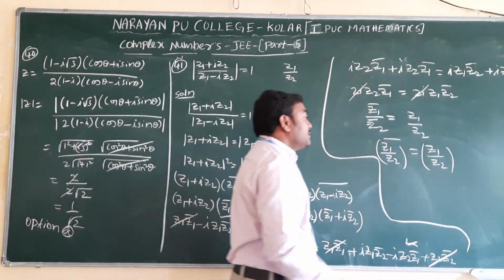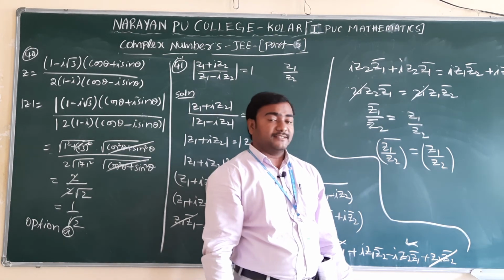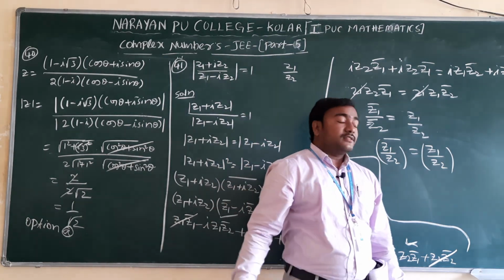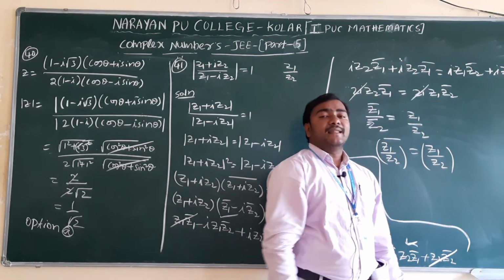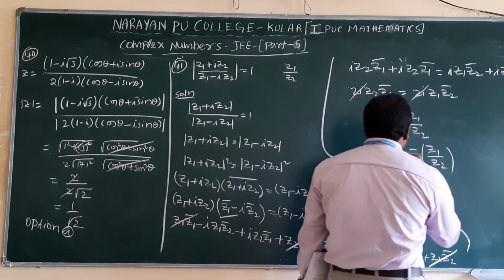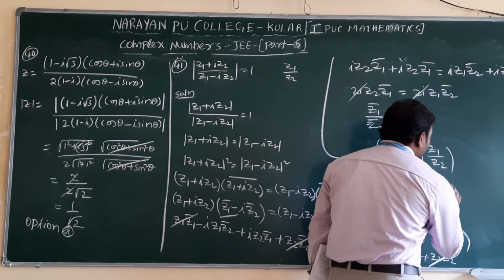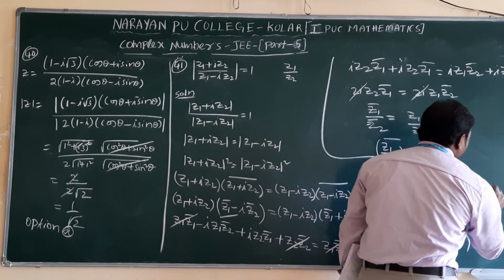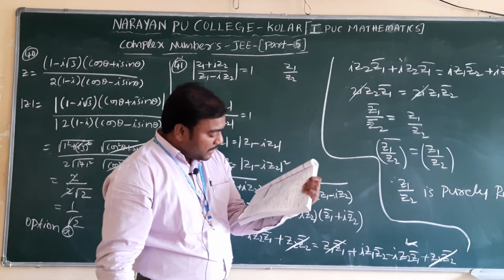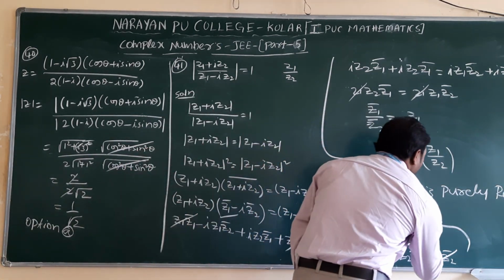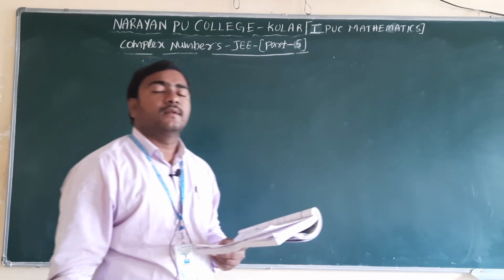If in case z is equal to minus z bar, it is purely imaginary. But here we are getting z1 by z2 whole bar is equal to z1 by z2, it is purely real. Therefore, z1 by z2 is purely real. Here option A is the correct option.